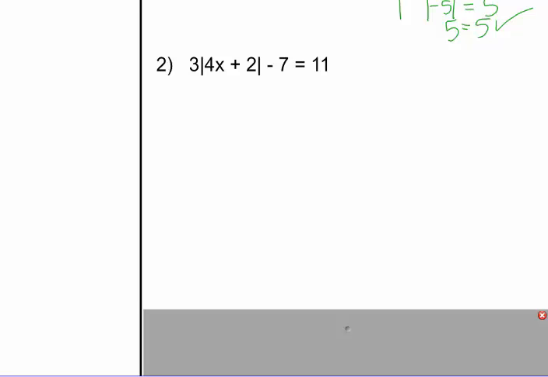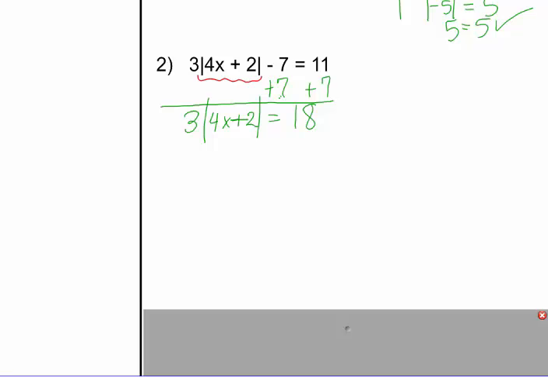That means we're going to get the absolute value part all by itself. So we have to get rid of the 7 part, and we have to get rid of the 3 part. We're going to start by adding 7. It's just like solving a regular equation. You take care of that add and subtract part first. So then you have 3 times the absolute value of x plus 2 equals 18.